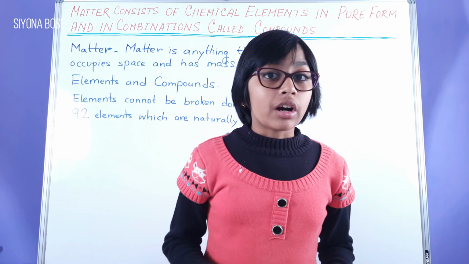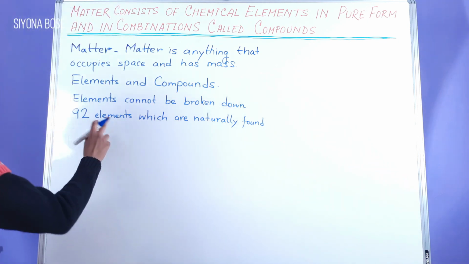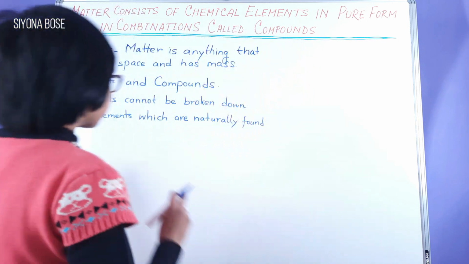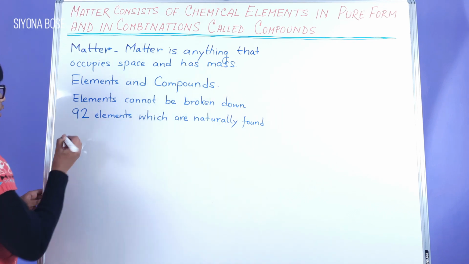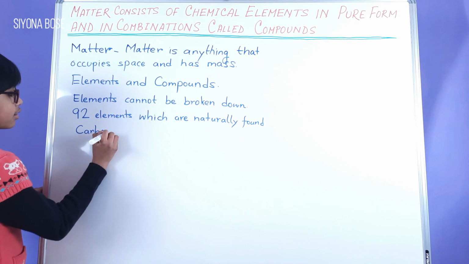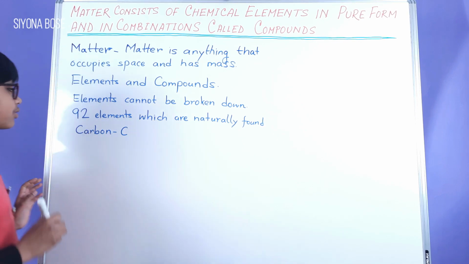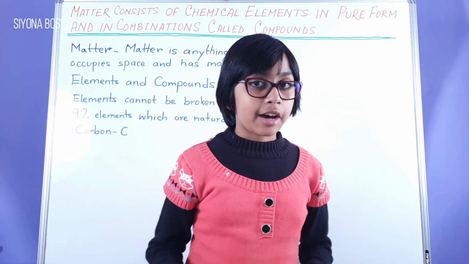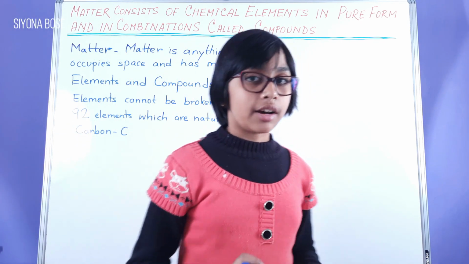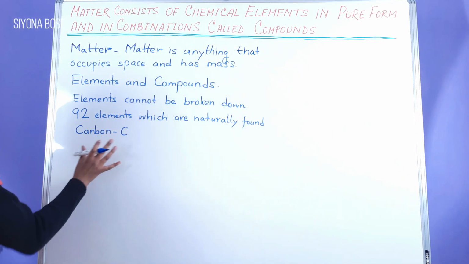Now, what are compounds? Firstly, elements have symbols, which are made up of the first letter of that element, like for carbon, it's C. Or it can have 2 letters, the first letter and any other letter from the name of that element.